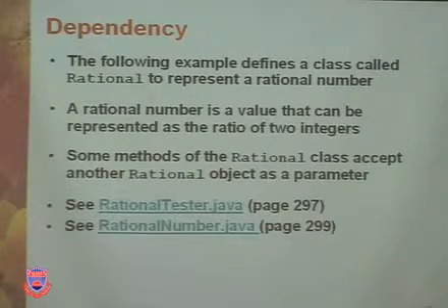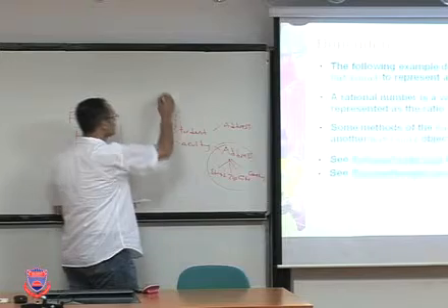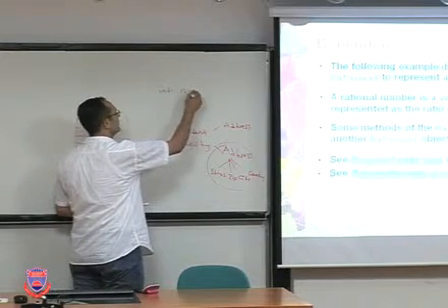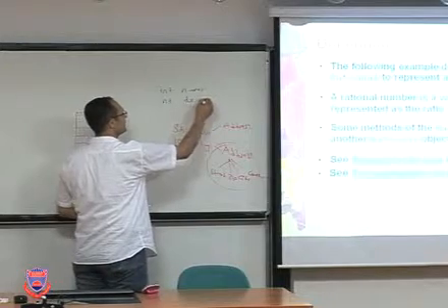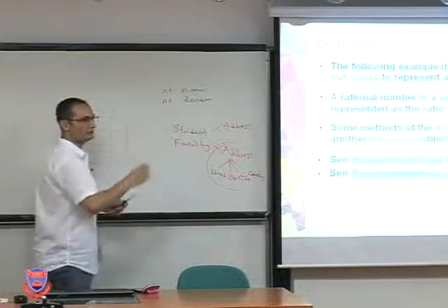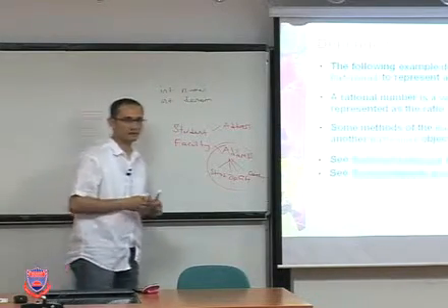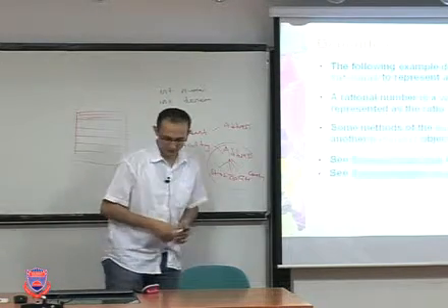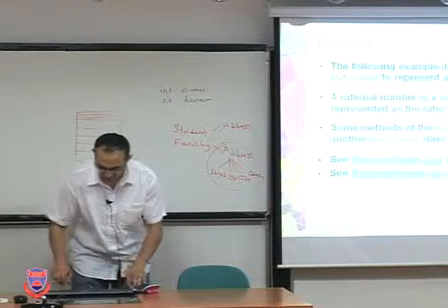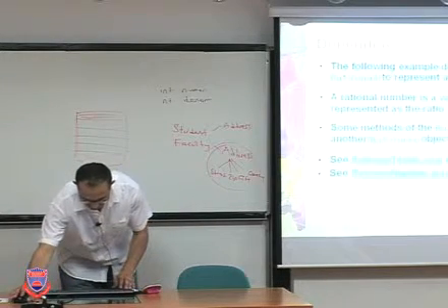I have a numerator, which is going to be an integer, and then another integer which is going to be the denominator. So I will have numerator divided by denominator as my result. And you may want to have some methods that are handy to implement this class.